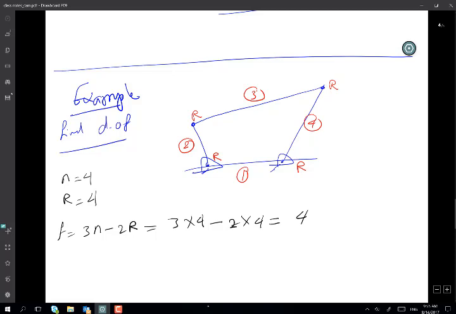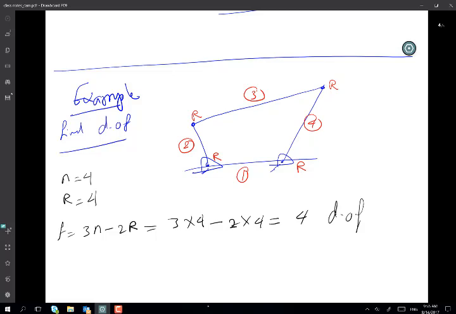So now this linkage here, does it have 4 degrees of freedom? This is a question I ask you. I want you to think about it for a second. Does this linkage have 4 degrees of freedom? In other words, do you think I need 4 motors to drive this linkage, or just one motor?